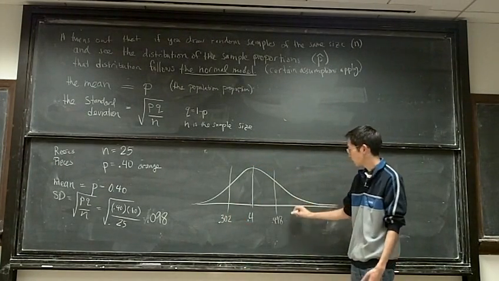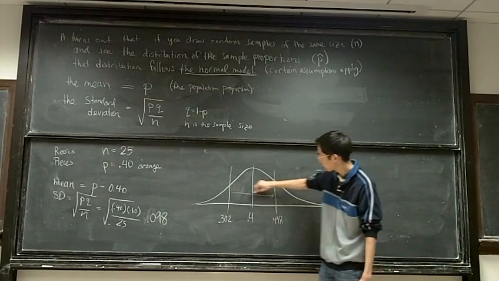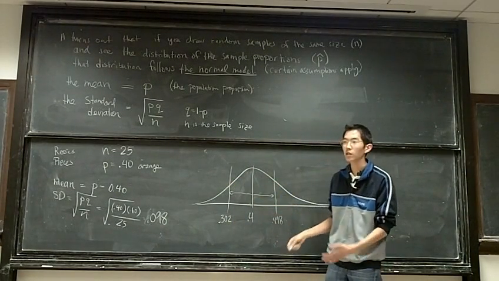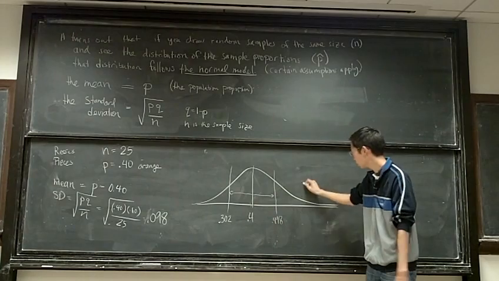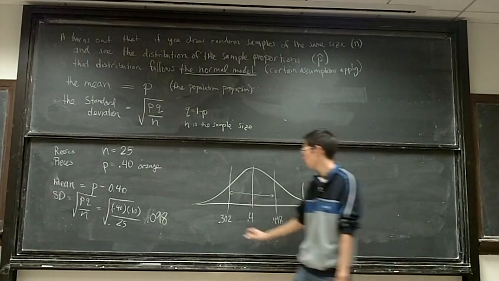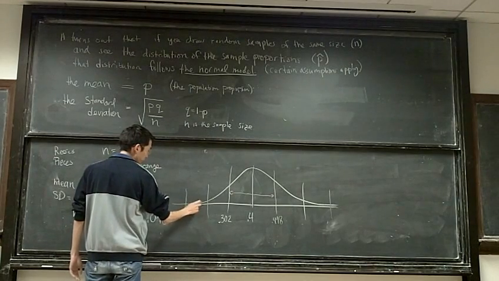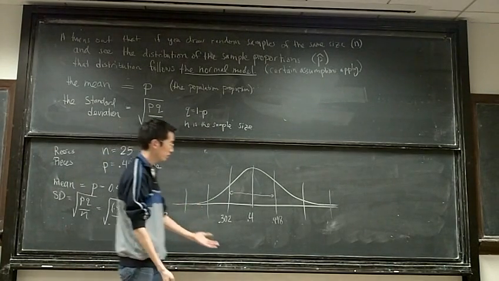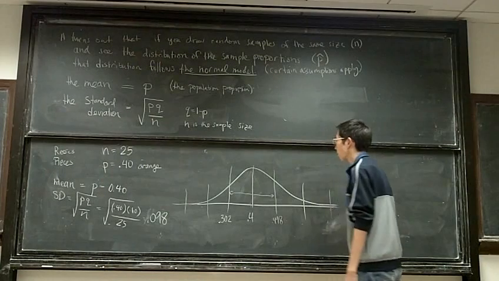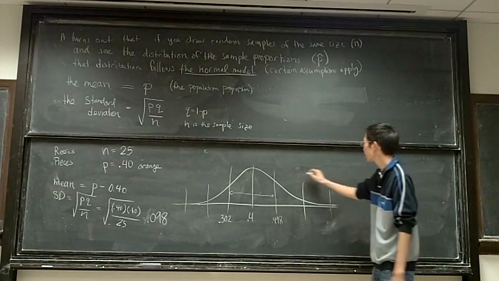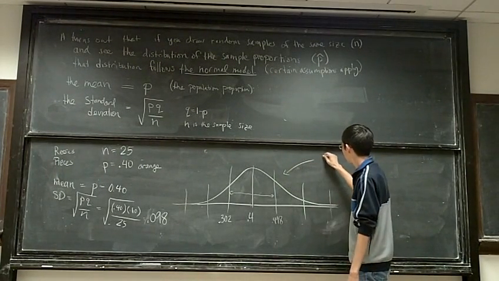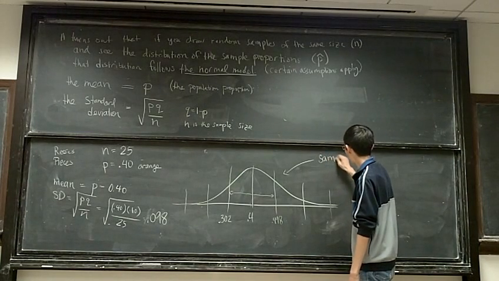And so within here, we're expecting about 68%. That same idea. We go out 2 standard deviations, 3 standard deviations. The same things about the normal distribution apply. Okay? And again, this is the sampling distribution.